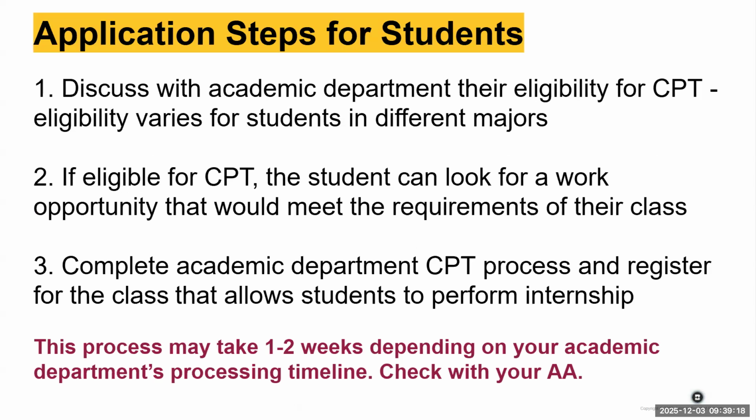And then once you find that internship, you're going to contact your academic advisor and provide all the specifics of the internship that you're going to do. And then your department will allow it. Once they say, yep, this meets the internship requirements, they will tell you what course you need to enroll in, adjacent to the internship that you're going to be partaking in. And then you will go ahead and enroll in that internship course.